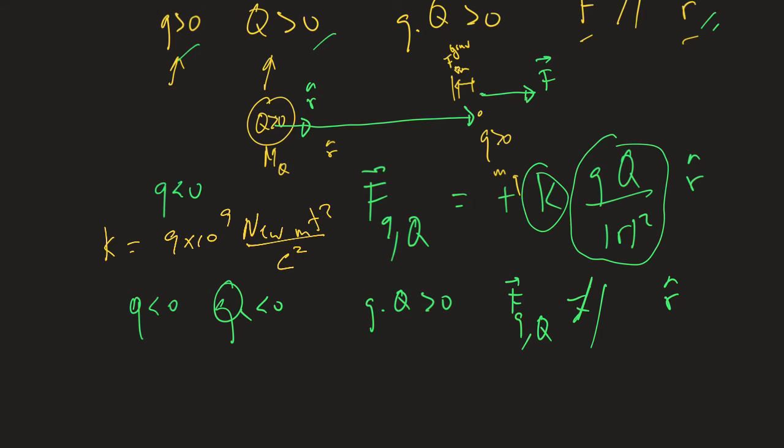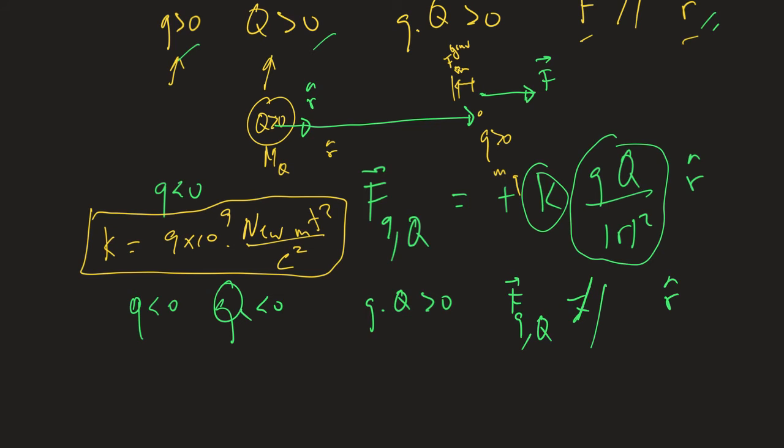So the value of K is adjusted to define the coulomb. This is how we'll work now. K has a value of 9 times 10 to the 9 newtons per meter squared per coulomb squared.